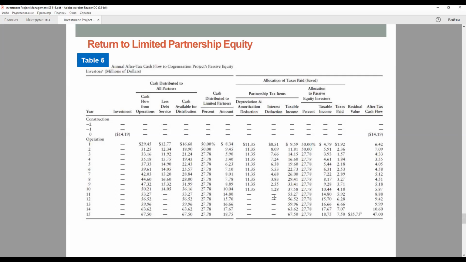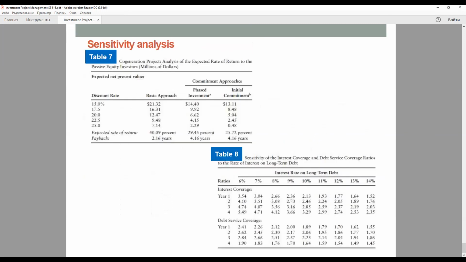So again, please consider the various approaches to calculate the return for the limited partners' equity. We have Table 7 that summarizes the expected rate of return analysis for the passive equity investors, depending on how the passive equity investors view the timing of their equity investments.